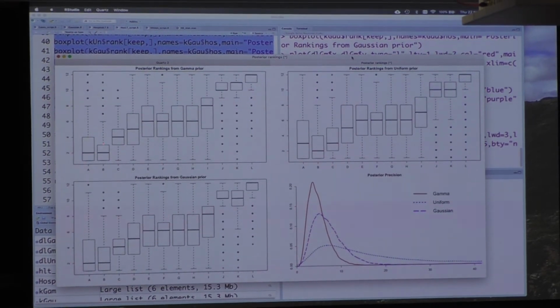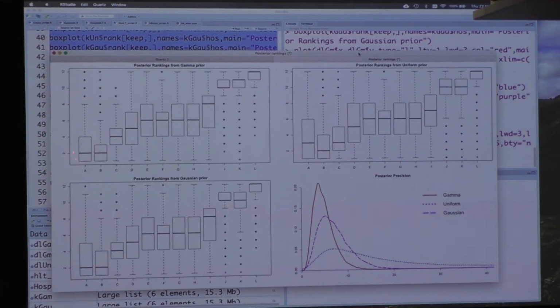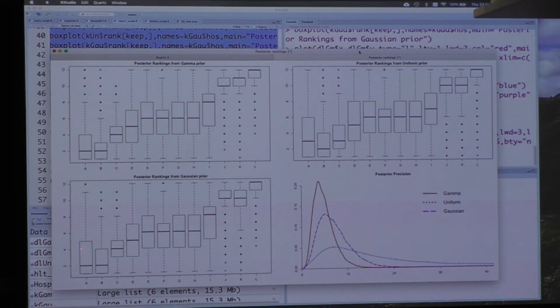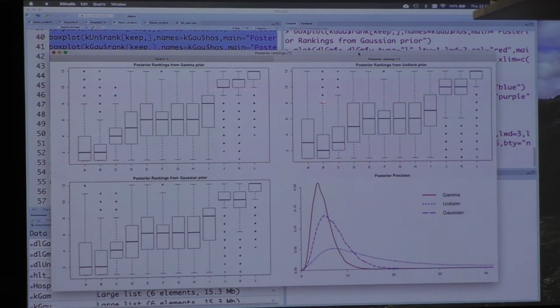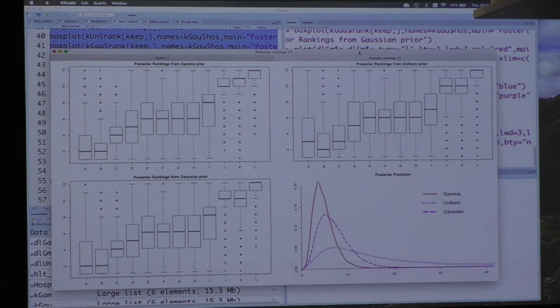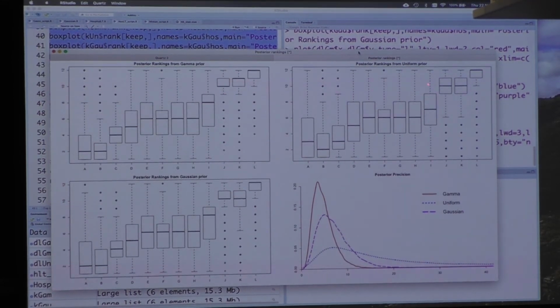So we can see, at least graphically, that the rankings of the first 2 hospitals are more or less consistent. So they are ranked in between 1 and 2 between them. They have very fat tails in any case. The last 3 hospitals seem to be ranked at the bottom consistently.